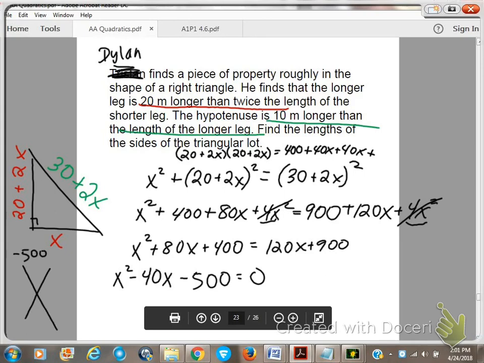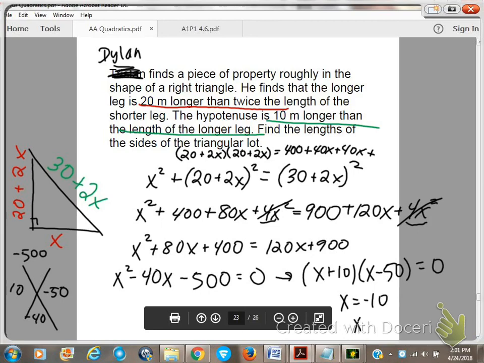Multiply to be negative 500, add to be negative 40. I believe if you go with negative 50 and positive 10. Okay, so this gives us x plus 10 times x minus 50 equals 0. So that leaves us with x equals negative 10 or x equals 50.